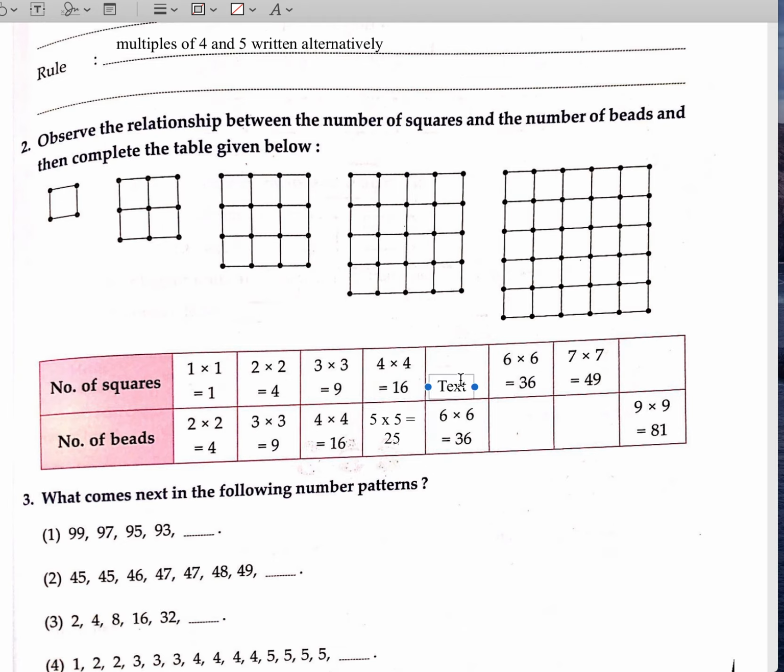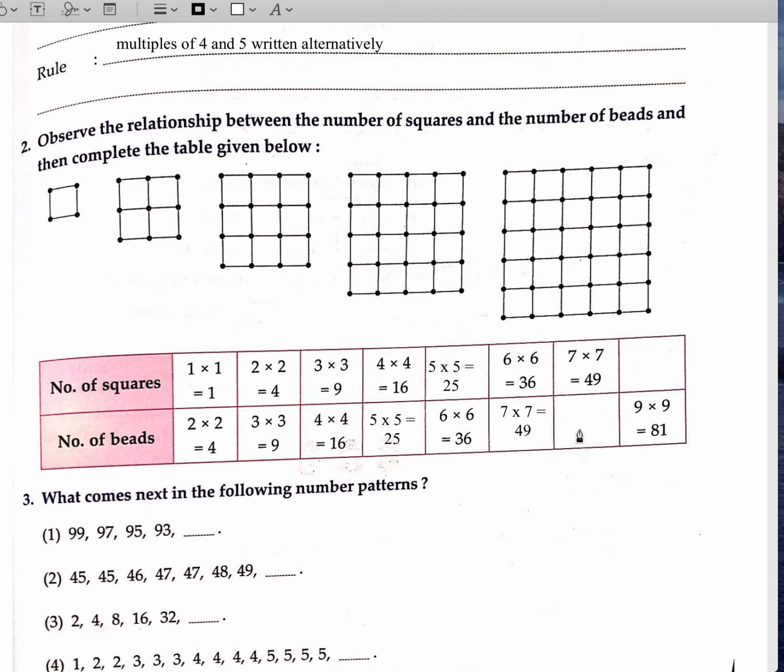Next there will be another 7 into 7, which is equal to 49, and there will be 8 into 8 over here and here. So let's write that. Let's complete it over here.